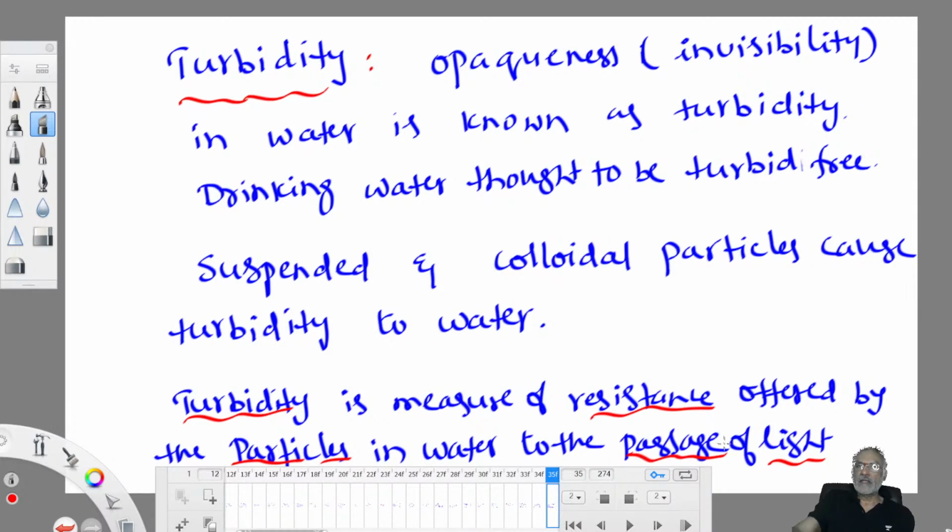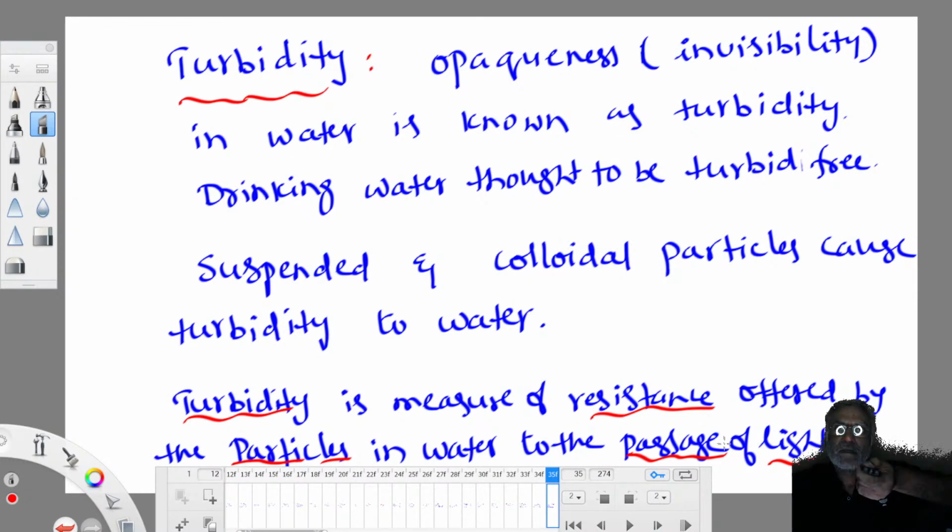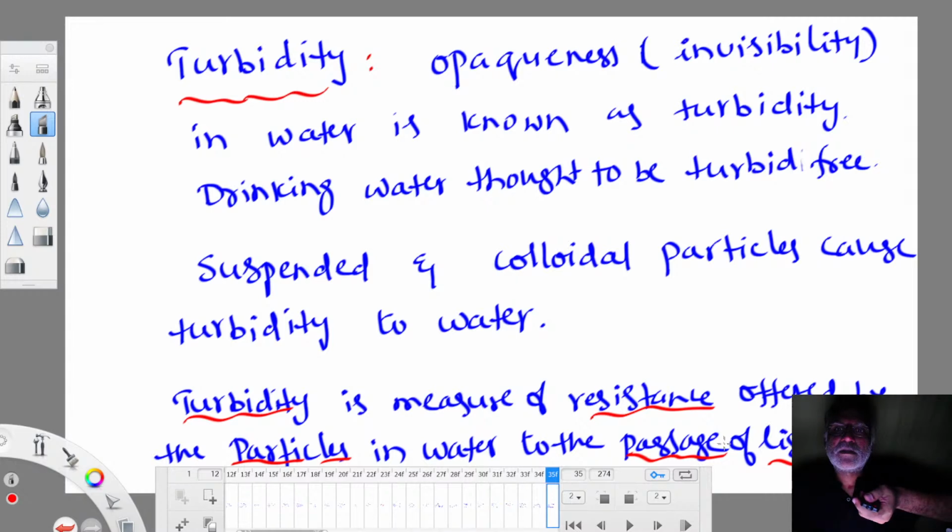Suppose I switch off the light, you can't see my face. See now, it becomes turbid. The room becomes dark. The darkness is called turbidity. Nothing is visible, only the board is visible. My face is not visible to you because there is no light in this room.